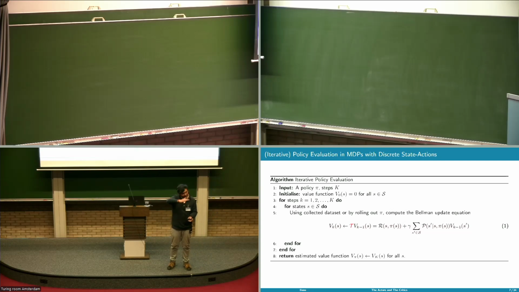If you keep on applying, you come closer to the true value itself. So it is like a self operator that if you keep on applying, you converge. This idea is what we really use, with the collected data or by rolling out the pi, depending on whether you are offline or online, to evaluate the goodness of a certain policy.